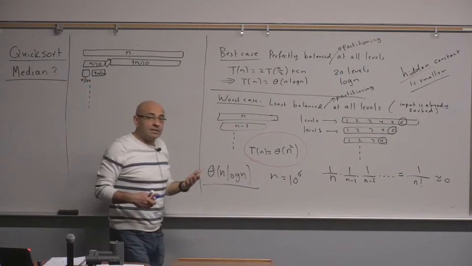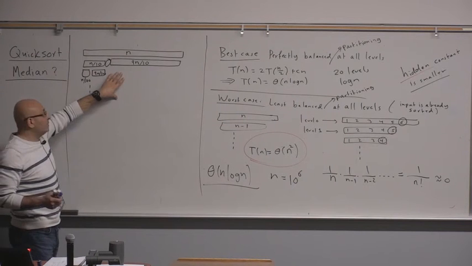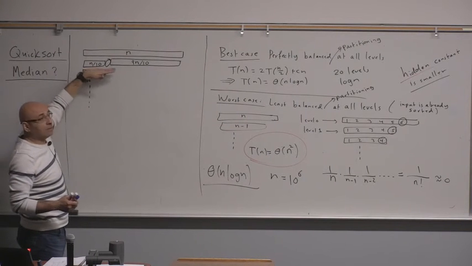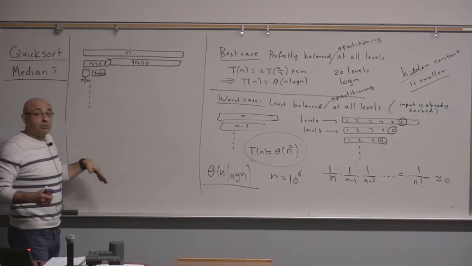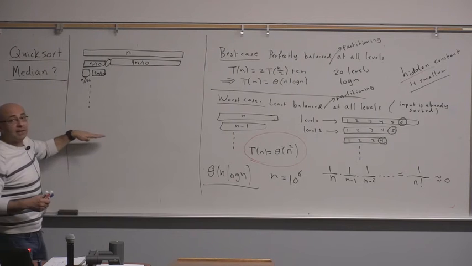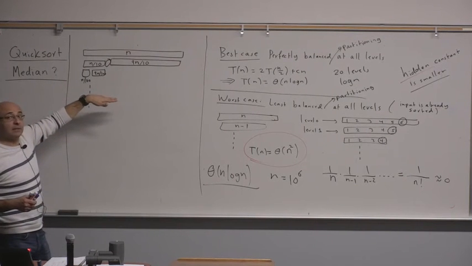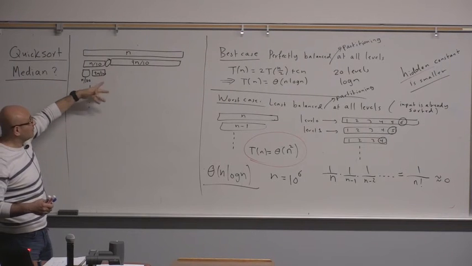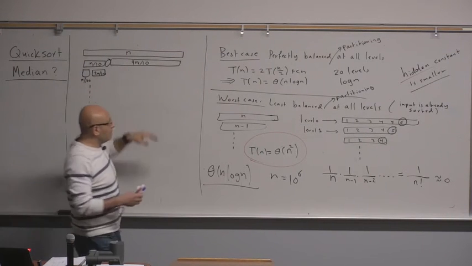But the point here is that this is not a best case. This is not the way we would like it to be split. It's a case that looks bad. And if the result of this turns out to be good, then what we expect to see in practice is going to be better or worse than this? Better, yeah. So this is too bad to happen in practice.